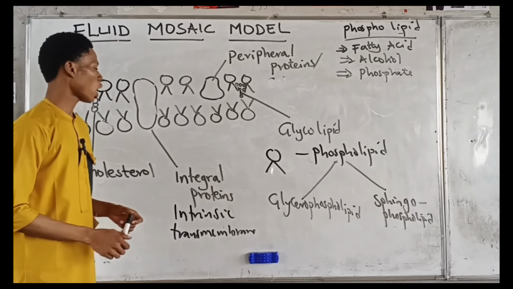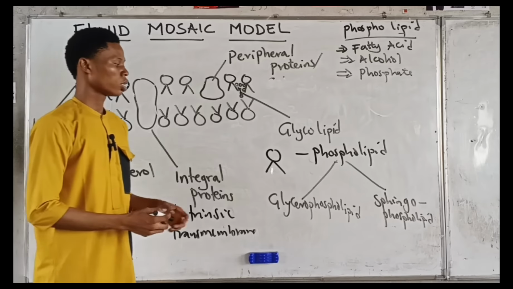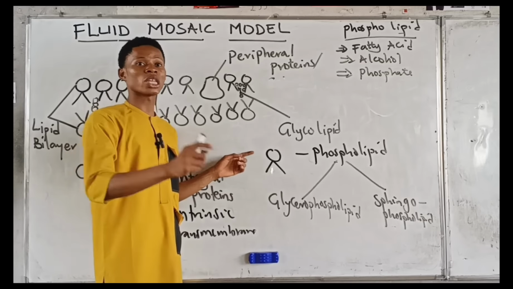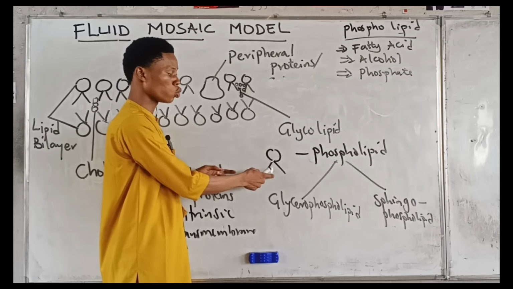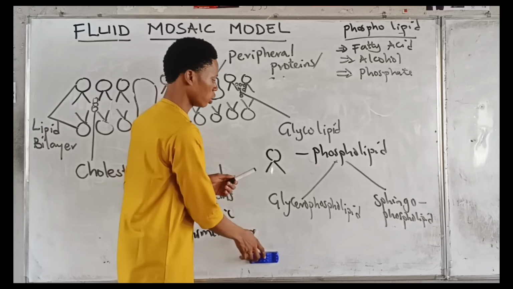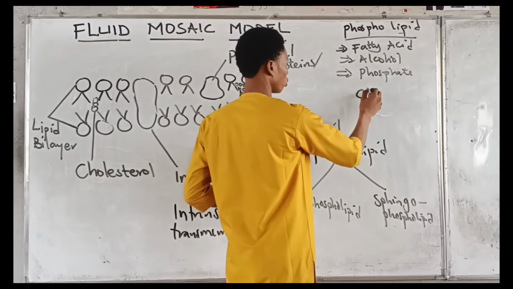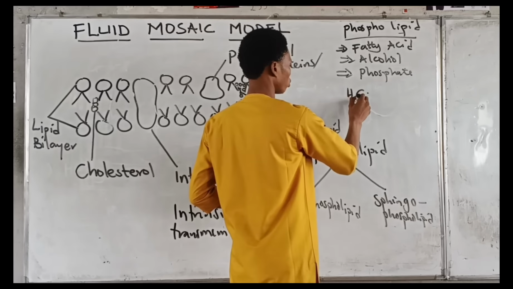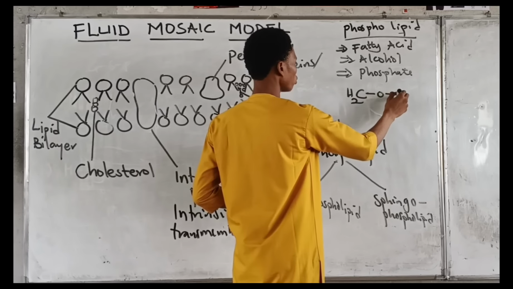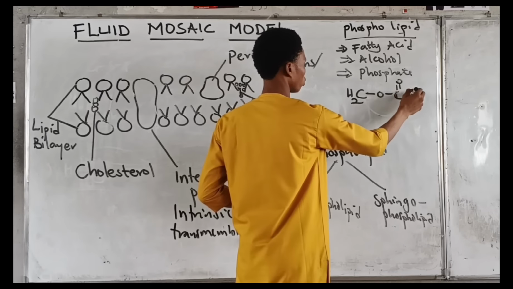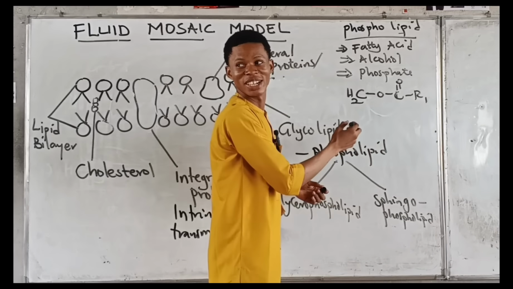But now, our point of interest here is this. It's not a mistake for us to represent this as head and two chains. Let me draw something here.